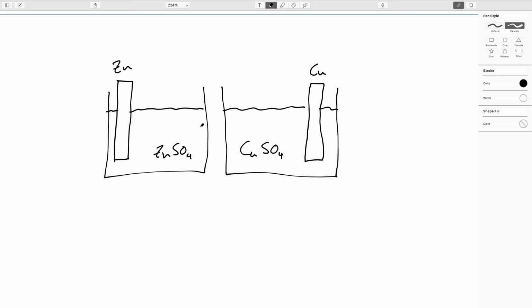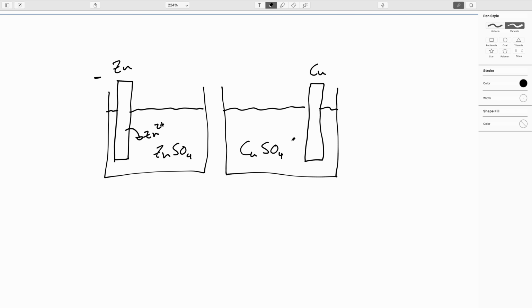So for chemical reasons, the zincs on this rod here, or we can imagine it to be a plate. Sure, let's make it a plate. The zincs on this plate here would dearly love to go into solution. So they will dissolve for a bit, and we'll be putting zinc ions into solution, which will be making this terminal negative.